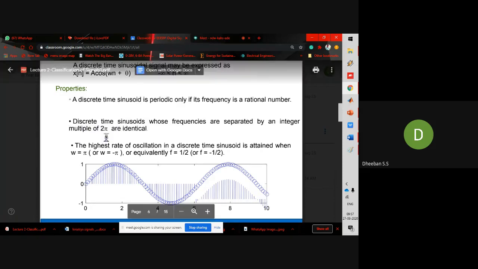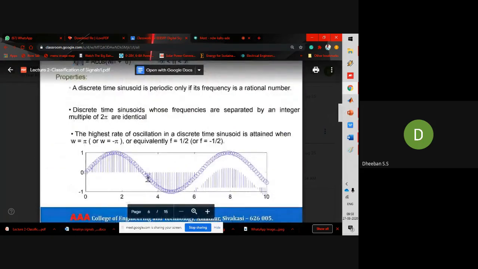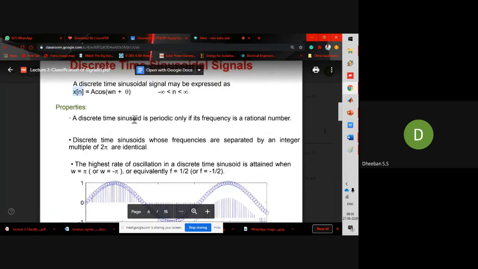Before covering this, I have to go through the periodic signals, then you'll get some idea. You have to know this. It depends upon the n value, and you will be sampling the entire signal. After covering the periodic signal, I'll come back over here.